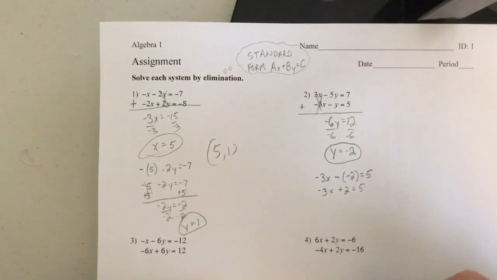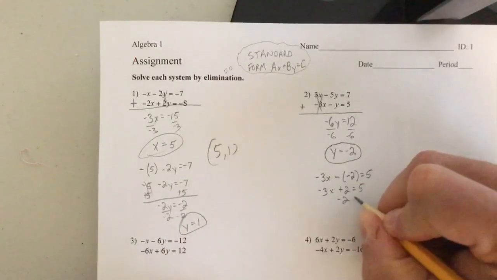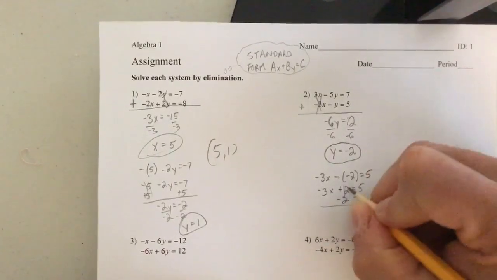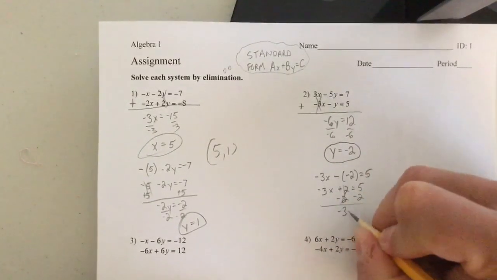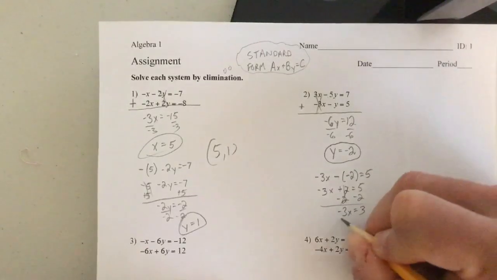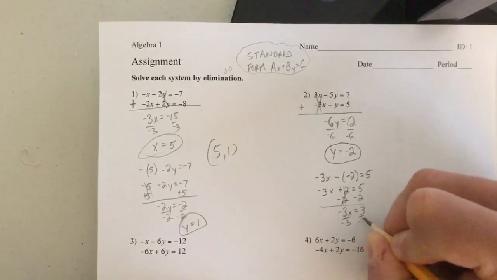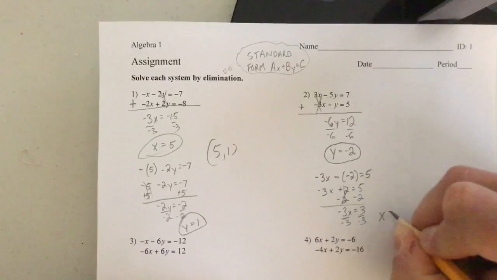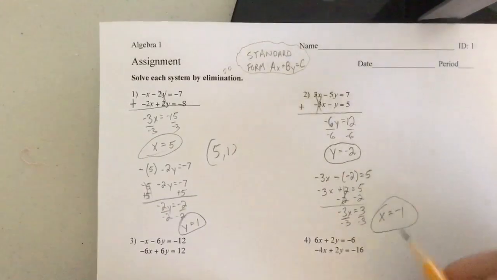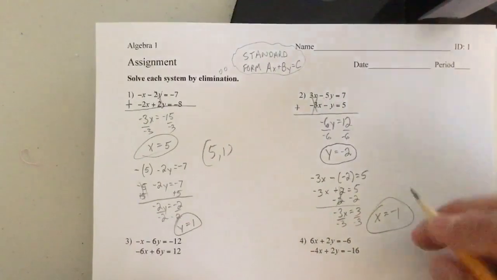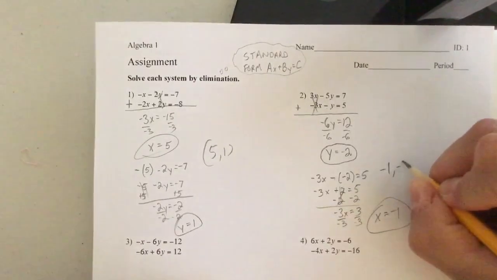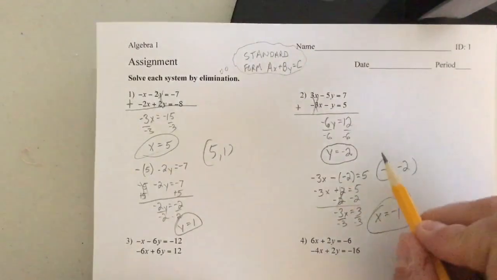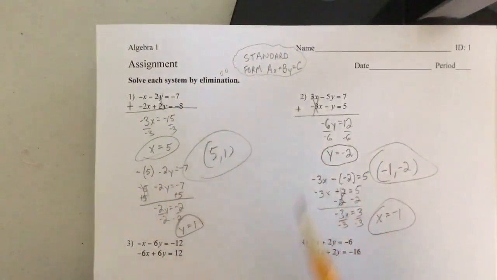Now it's a two-step equation. Subtract 2 from both sides, those cancel. Negative 3x equals positive 3. Divide both sides by a negative 3. x equals negative 1. So we have our point, negative 1 comma negative 2, which is the solution to our system.